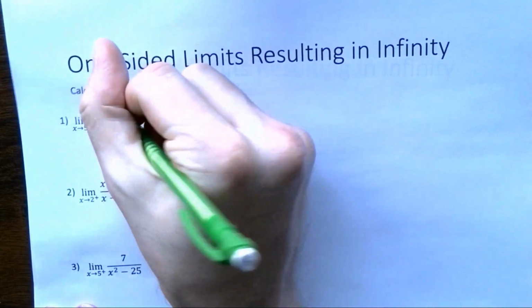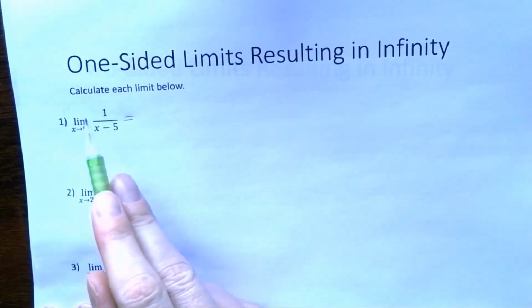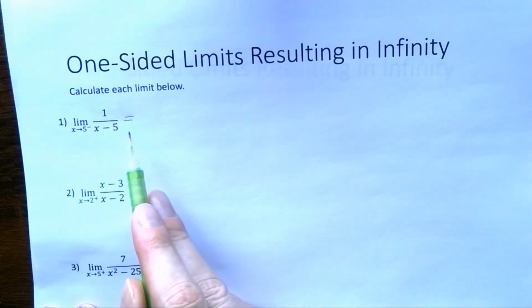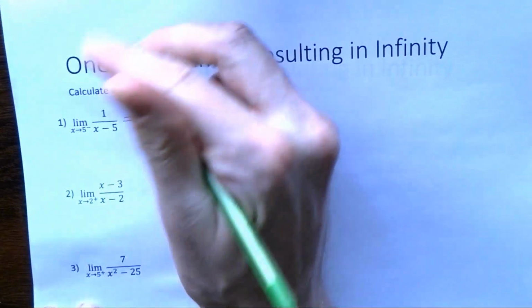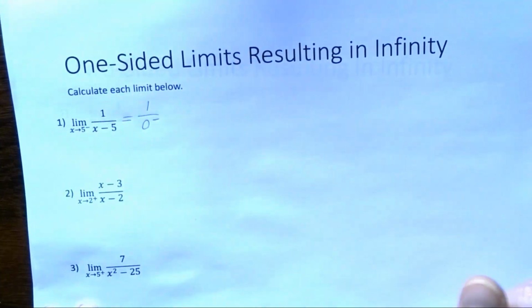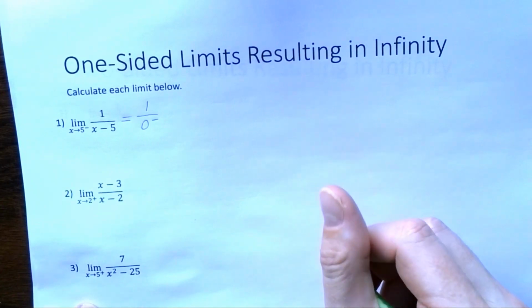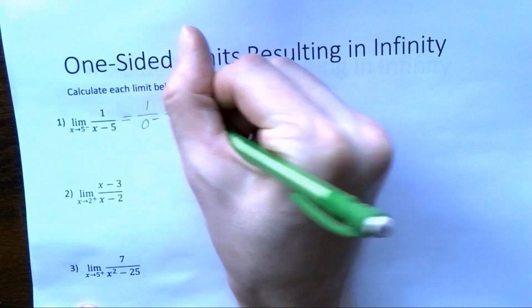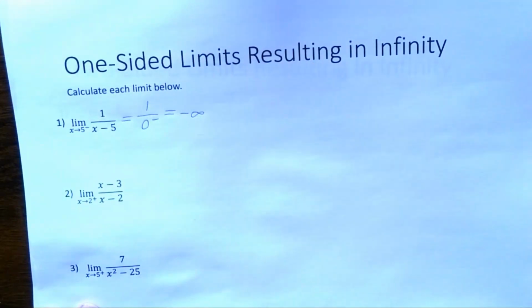So for that reason, approaching 5 from the left, for x minus 5, the denominator is going to be slightly less than 0. So this would be 1 over 0 with a minus. Positive divided by a negative is a negative, and 1 over 0 goes to infinity. So this becomes negative infinity, and that's our answer for this limit.